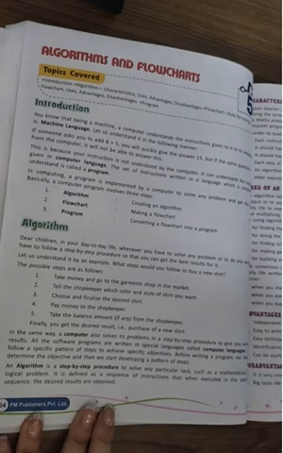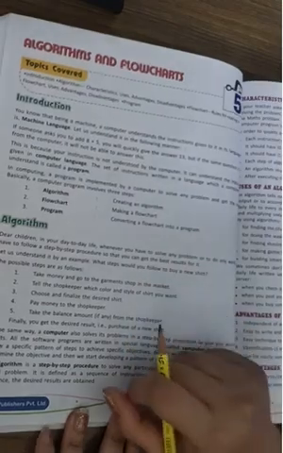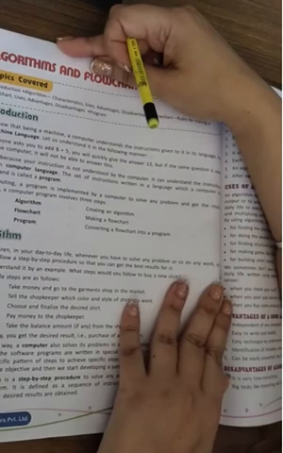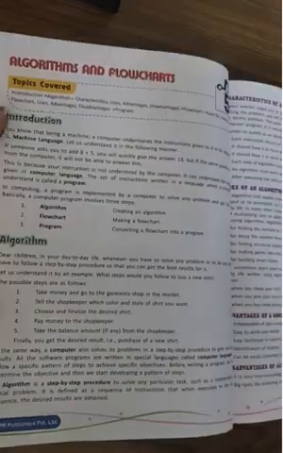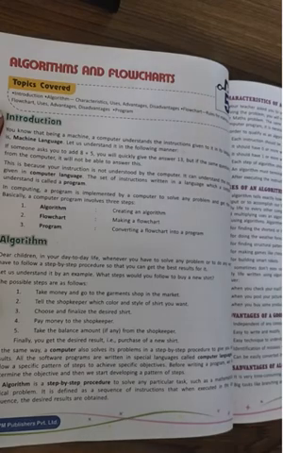A computer understands a specific language which is termed as computer language. The set of instructions written in a computer language, used by the computer to perform a specific task, is termed as a program.